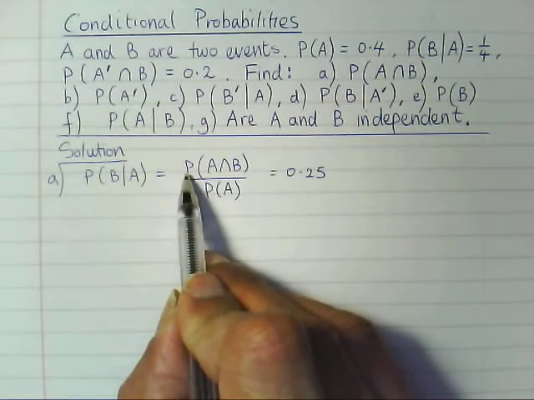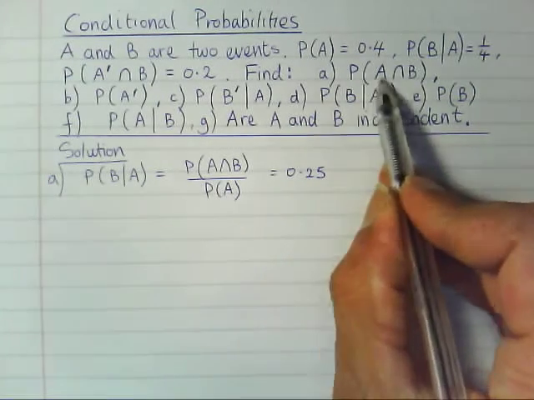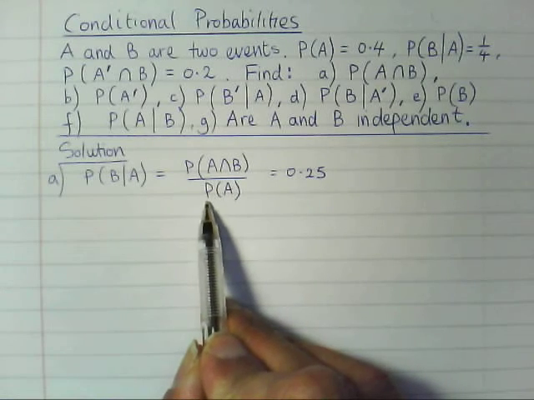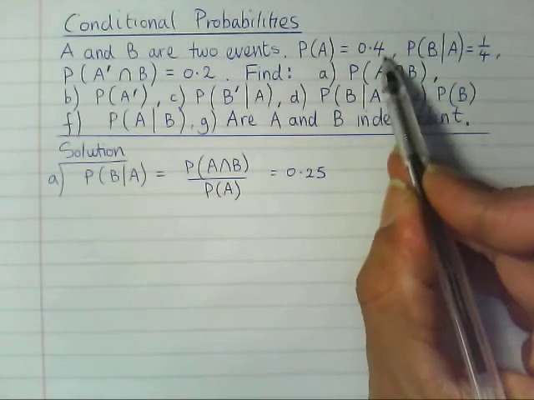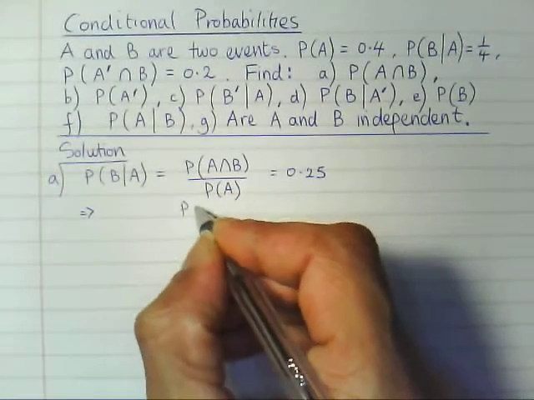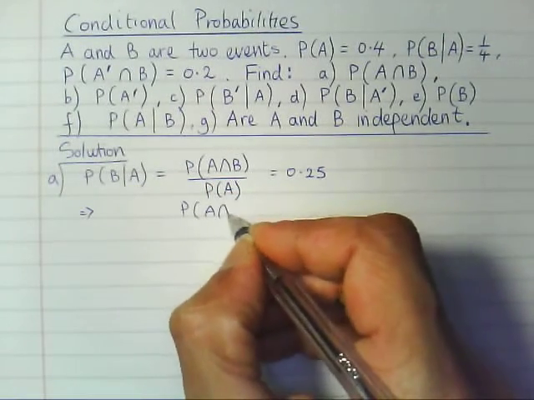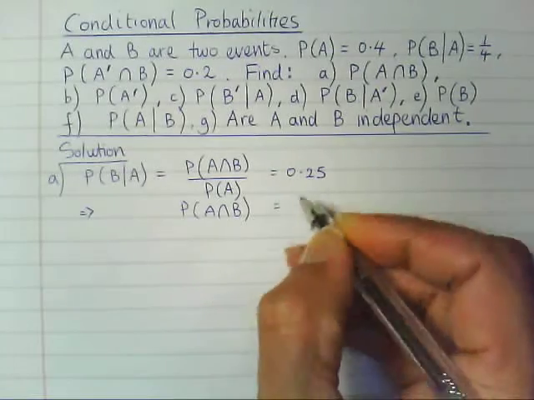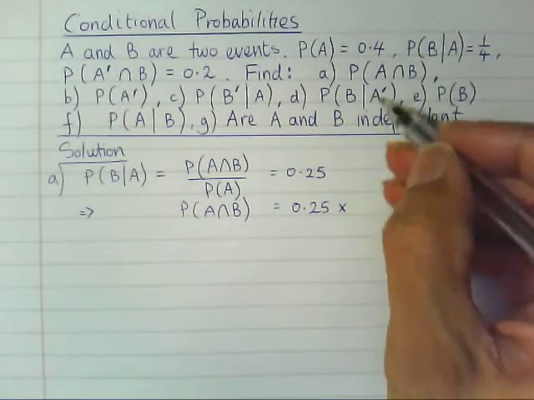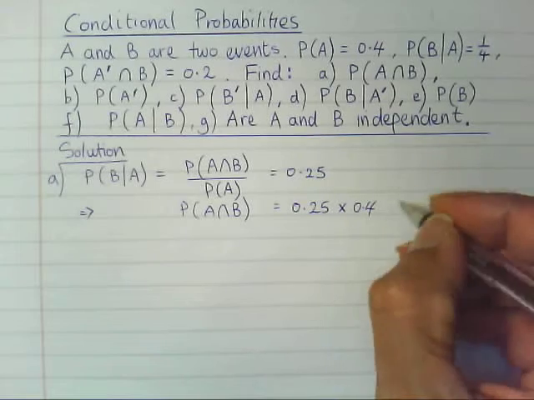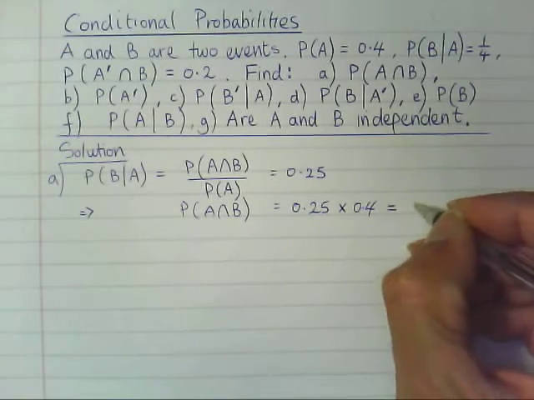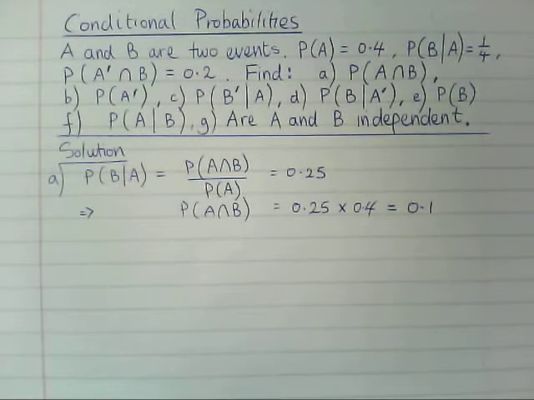Well, if we want to find the probability of A intersection B, all we have to do is multiply through by the probability of A, and we know what that is. So the probability of A intersection B will equal 0.25 times 0.4. And this will equal 0.1.